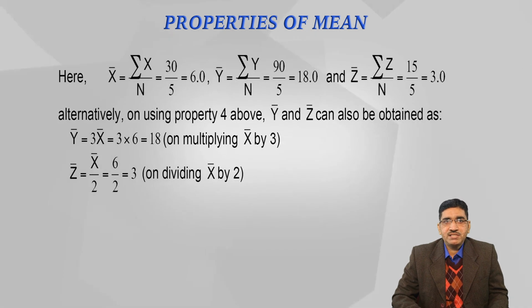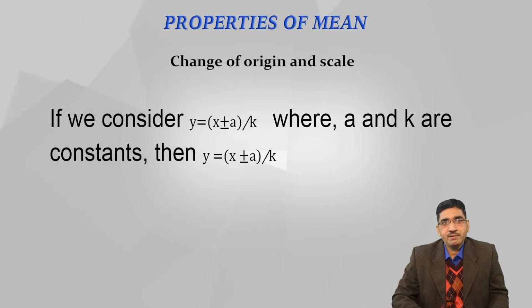If we consider any other variable obtained by changing the origin, adding or subtracting any constant value, and changing the scale, dividing or multiplying by any constant value, then the new mean of the new changed variable will be multiplied, divided, added or subtracted by that constant value. So that is also known as the change of origin and scale property of arithmetic mean.